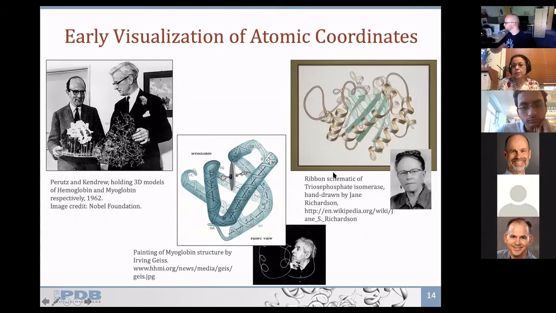And along those lines, we have to, of course, mention Jane Richardson, who came up with the whole idea of the ribbon representation. No matter which tool or software you have used, I think all tools have a version of the ribbon representation, which is a very stylized way of connecting all the C alpha atoms going all along the polypeptide chain.